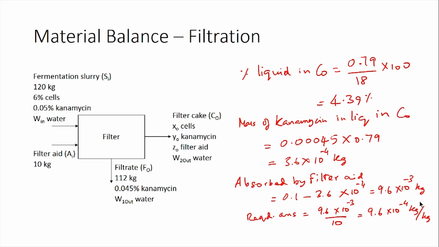So, this would be kilograms of kanamycin per kilogram of filter aid used. With this we would have solved for all the required parameters that have been asked. Hopefully, you were able to follow the procedure for calculating these balances.